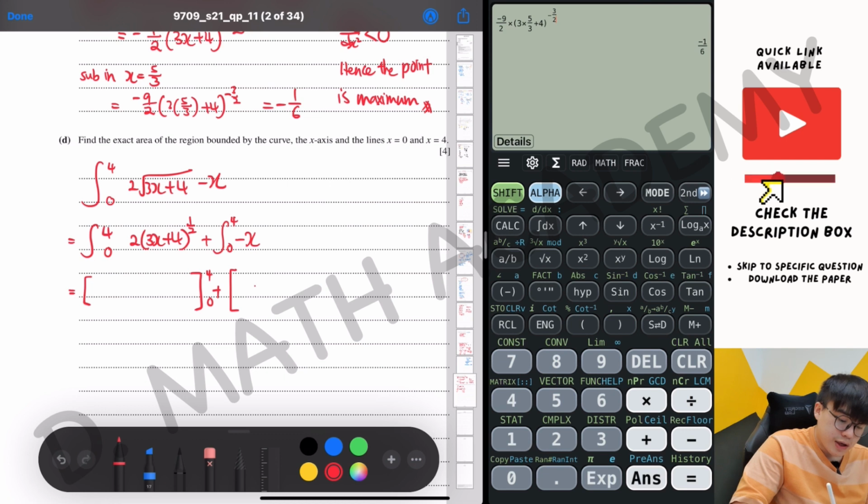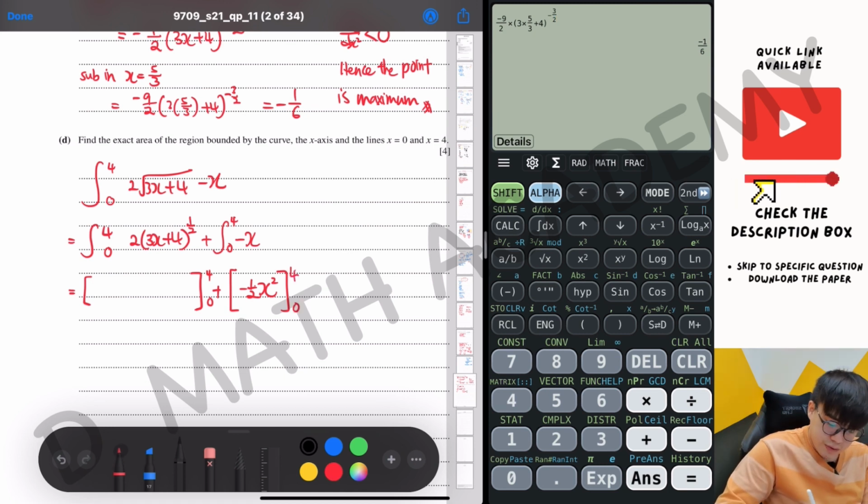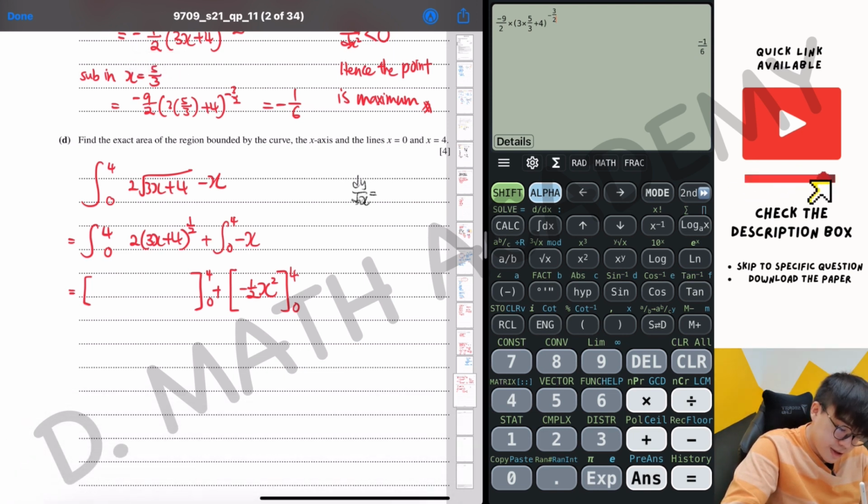You will actually get -1 over 2 x squared for it. So just in case, I will show you the detailed calculation at the side. So like I said, your dy/dx is currently -x. The y of it will be unknown times x squared.